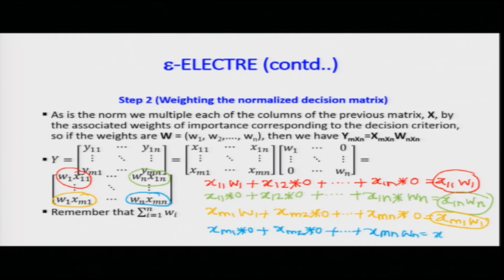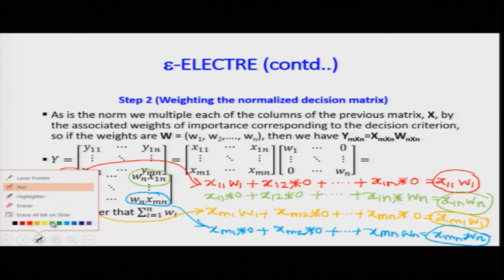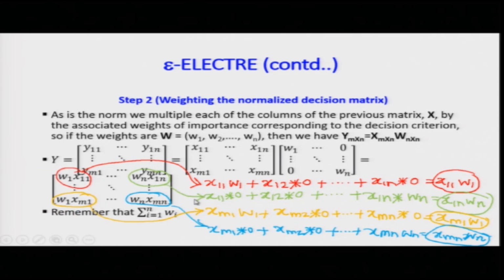So, this is xmn Wn, this matches. So, it balances. The blue one matches this, the orange one matches this, the red one matches this, and the green one matches this. So, all these things are solved.